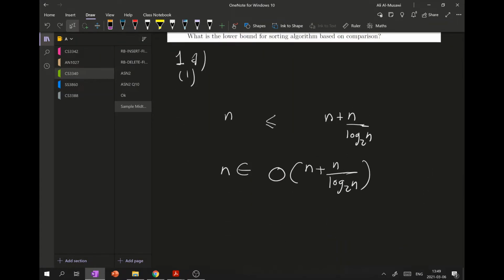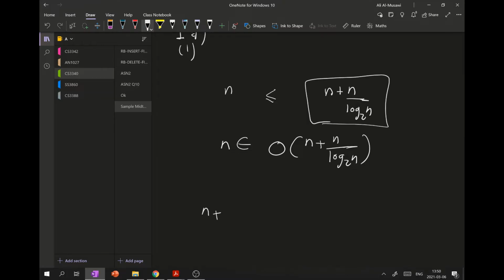Notice that the expression on the right, we can make it smaller than some constant multiplied by n. To see this, let's write n plus n over log 2n. Now we're dividing by some number log 2n, and log 2n is bigger than 1 for n greater or equal to 2.